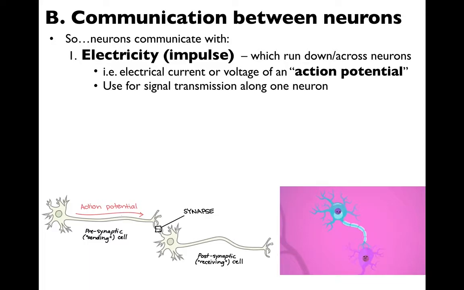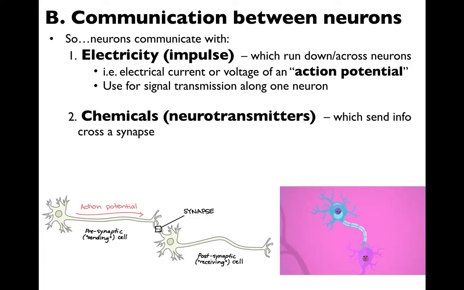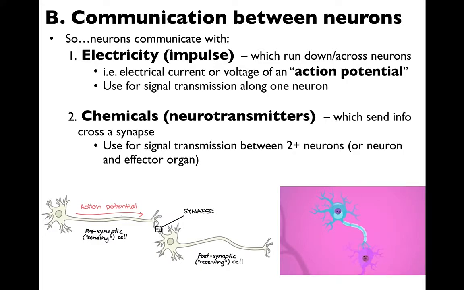Ultimately, this is only for transmission of a signal across one neuron. However, if I need to jump the gap and transmit between two neurons or a neuron and something else, I'm going to use my neurotransmitters, or chemicals, which will diffuse across that gap and send out information.